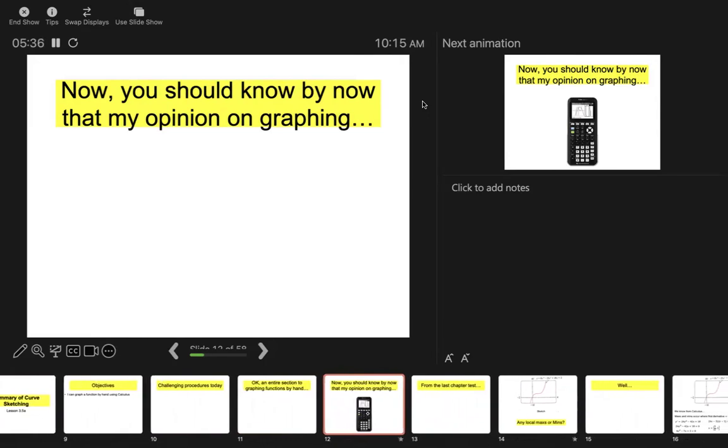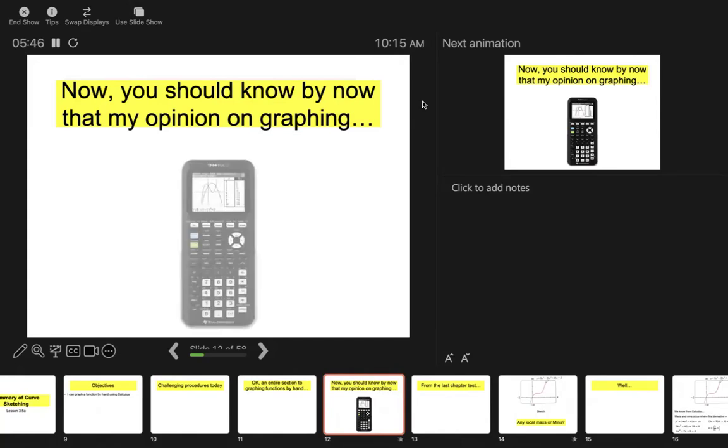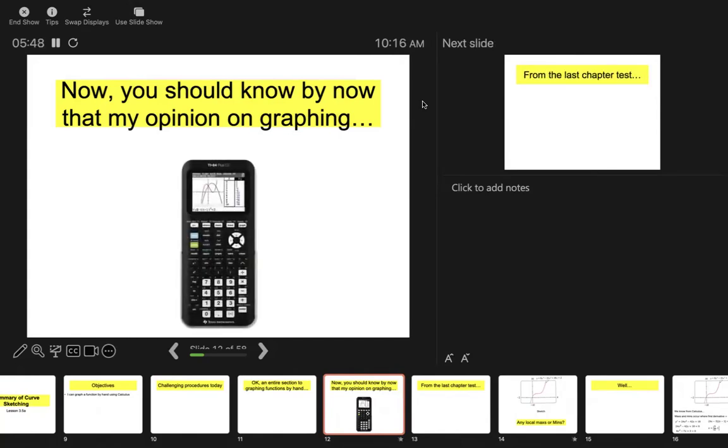You should know that my opinion on this is, well, we are in the 21st century. I would absolutely say, why don't we just use our calculator type thing to do this? I will say this, though, in defense of this from our book, it does stress some important things, and it also locks in your head some basic understanding of shapes of curves and its correlation to the calculus behind it.